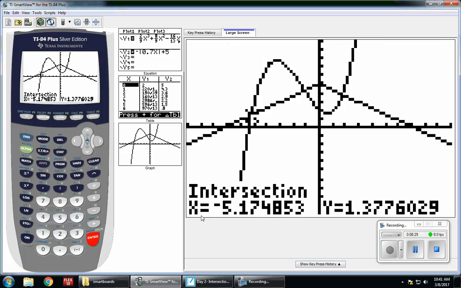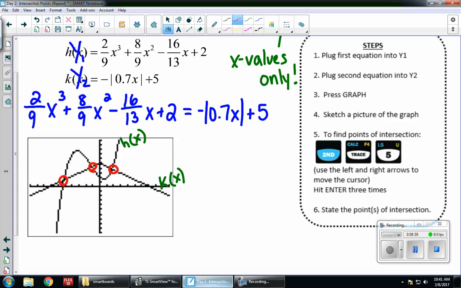And it gives me a long decimal. We're going to round after. So right now I'm looking for x values only, so I'm going to copy down this x value. So x equals negative 5.174853. That was this one over here.